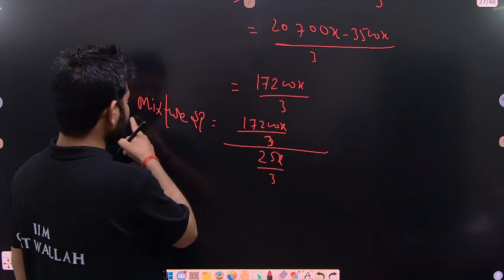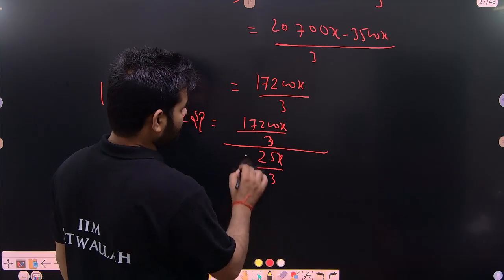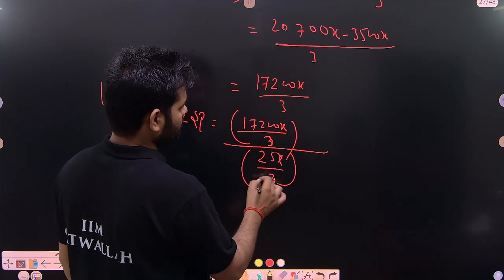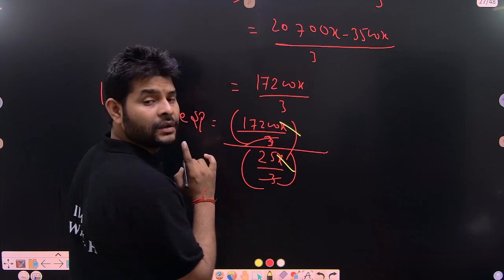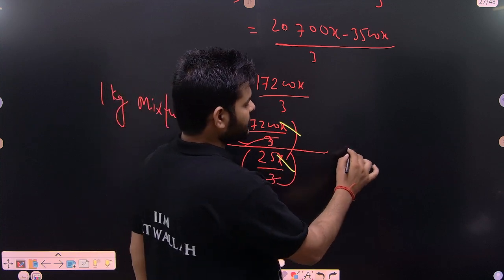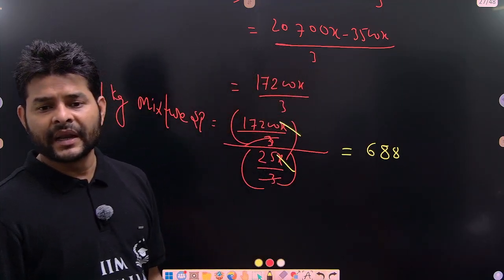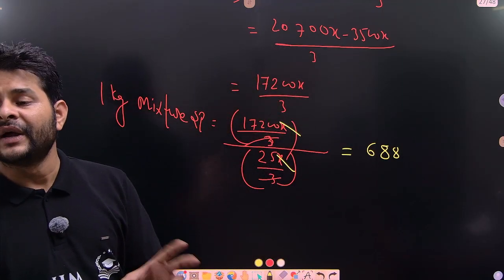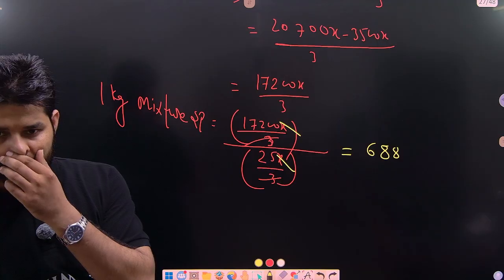So the SP of 1 kg of mixture would be, guys, that value would be, x cancels out x, 688. So we have been asked the cost of 1 kg of the remaining mixture. That is your answer.